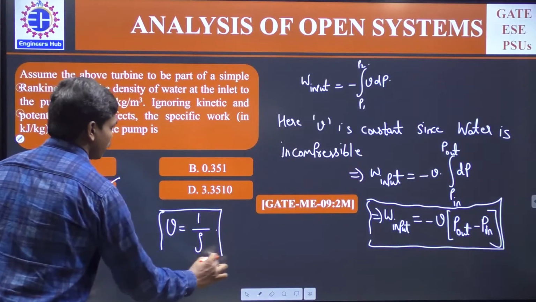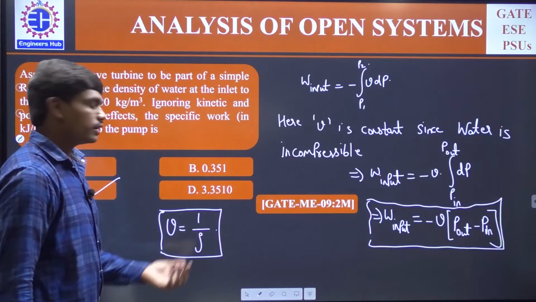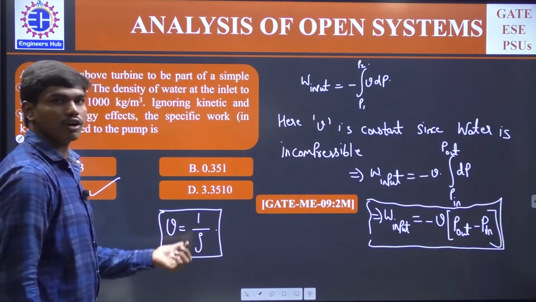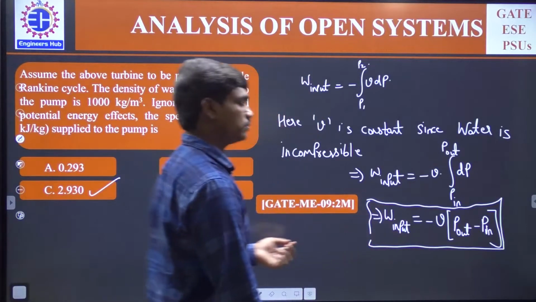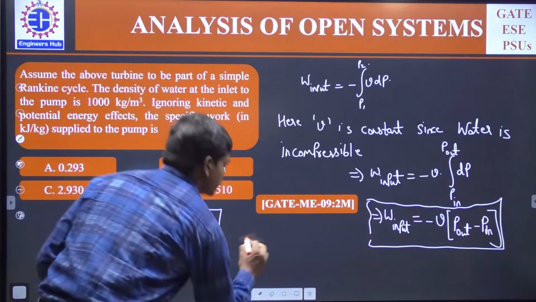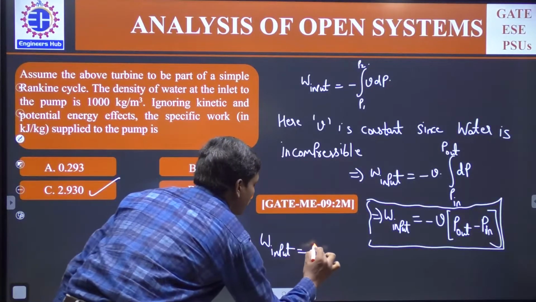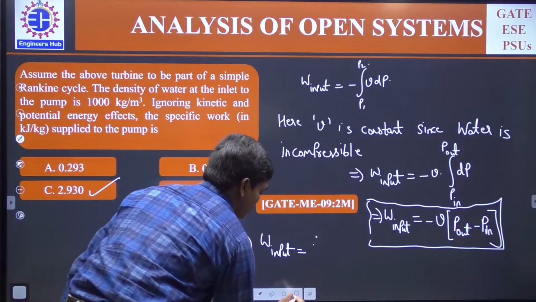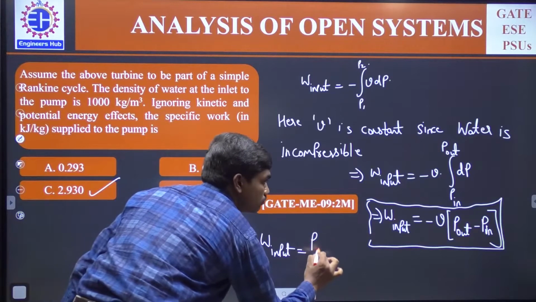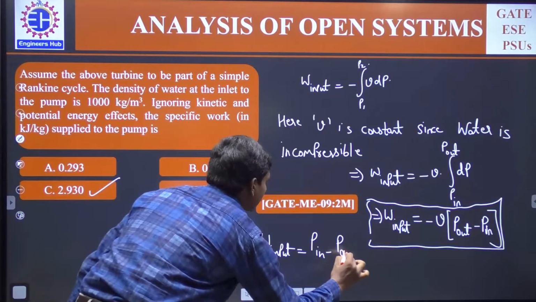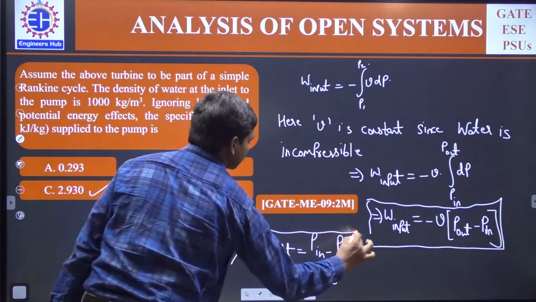Density means mass by volume, but specific volume means volume by unit mass. Or else, if you want, you can write work input is equal to P in minus P out, after eliminating the minus sign, divided by density. All these are formulas for work input.